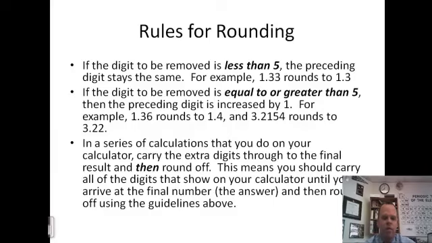So 1.36 rounded to 2 significant figures would be 1.4. 3.2154 rounded to 3 significant figures, 2 after the decimal place, would be 3.22. So we round based on the 5, or round based on the 6, and round the previous number up.